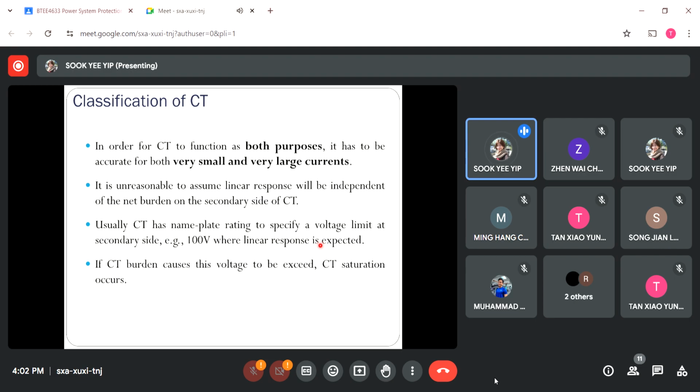What happens if you connect burdens causing the voltage drop across it to be higher than 100 volts, which exceeds the burden limit? The current transformer will saturate and give you the wrong reading. If we use it for protections, the relay is now getting the wrong measurements from the current transformer, so it might misjudge the system. That's basically how we find the specs of the current transformer, specified in terms of knee point voltage. Later we'll see this in much more detail.